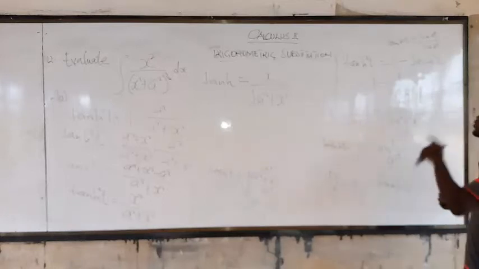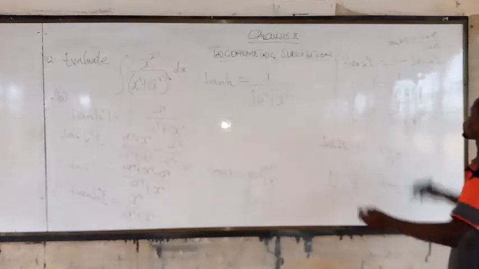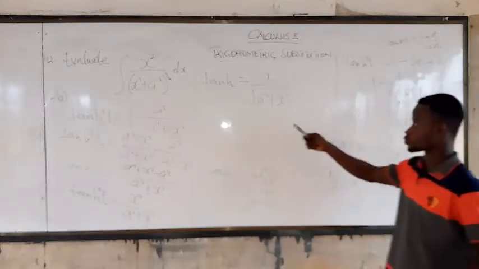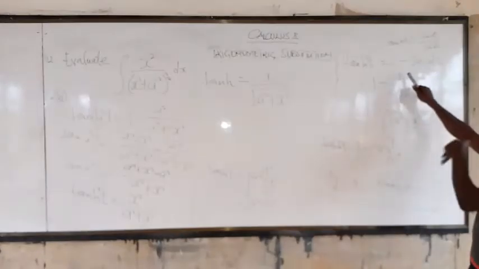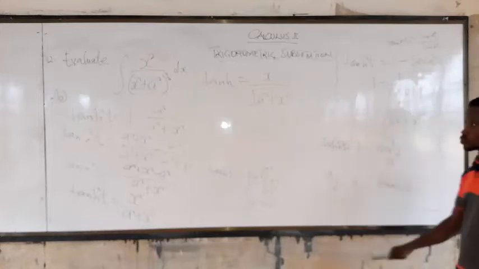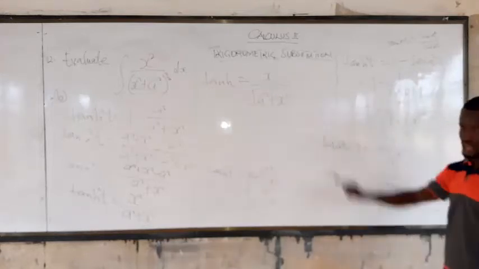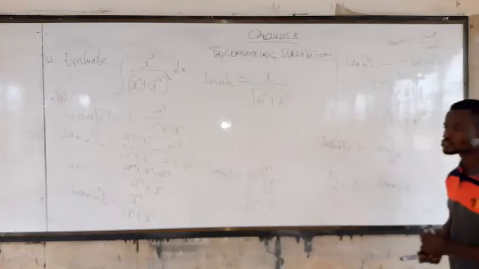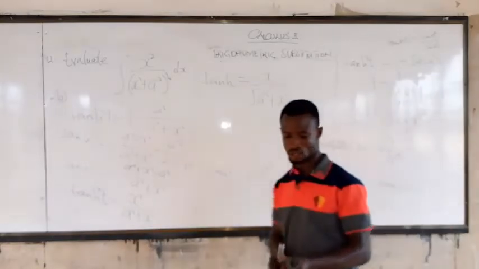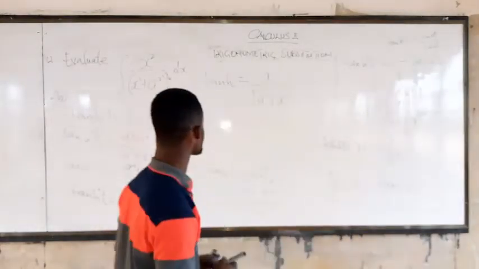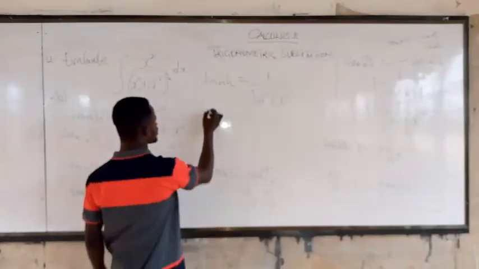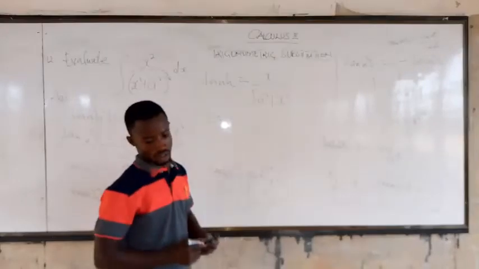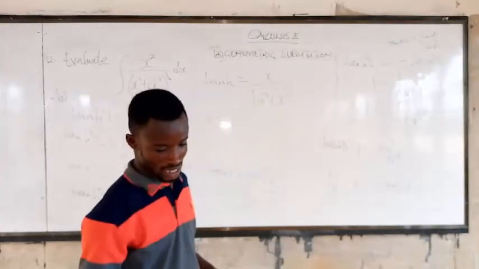So by dividing, we get the same as this. So we know tan to be this, and we only need to know t.